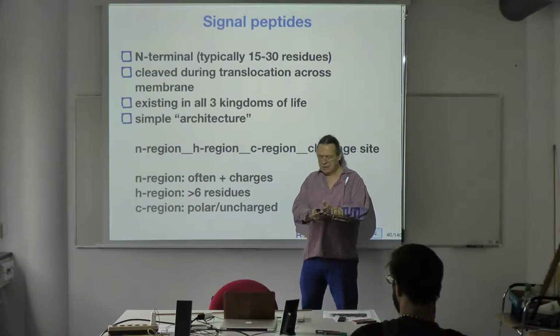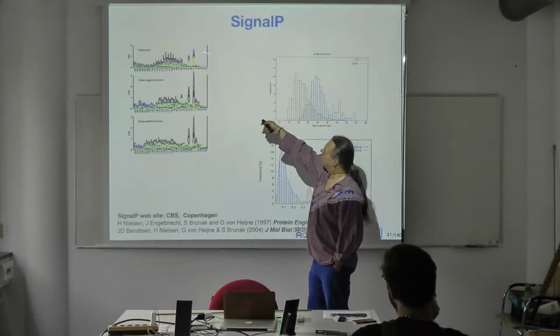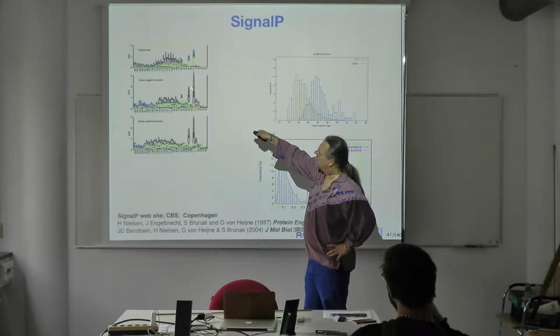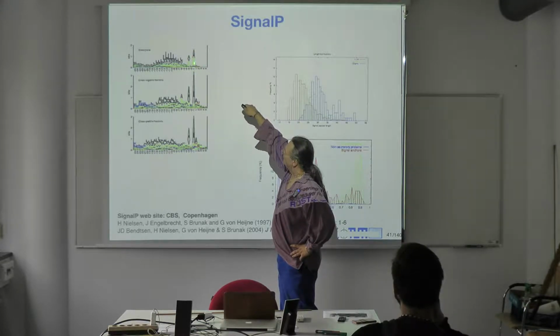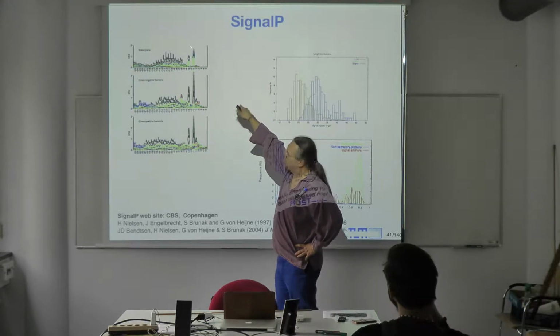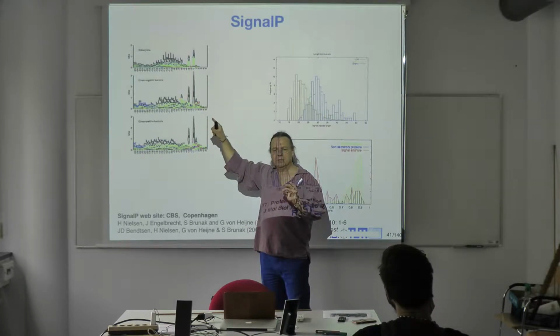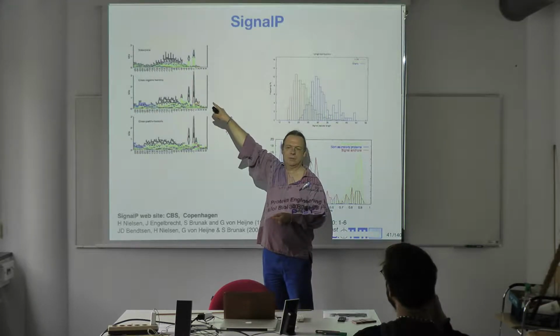Now you could refine that by running a bunch of these, so this is eukaryotes, and sorry for the quality here, gram-negative bacteria, gram-positive bacteria. That is the cleavage site here. And what you do not see, but what I see, essentially is a letter. The height of the letter is proportional to how often you see that letter at that position.